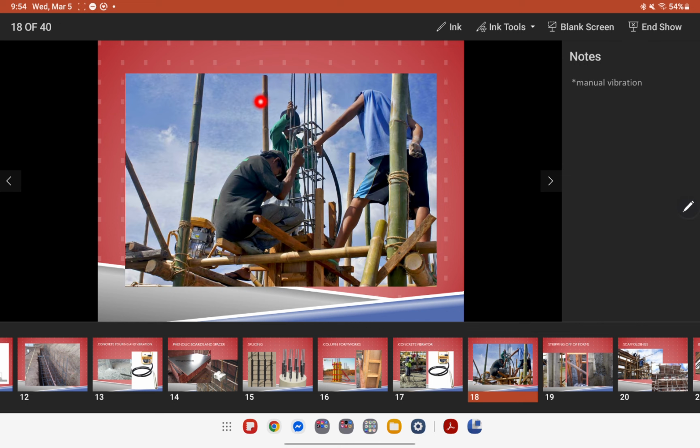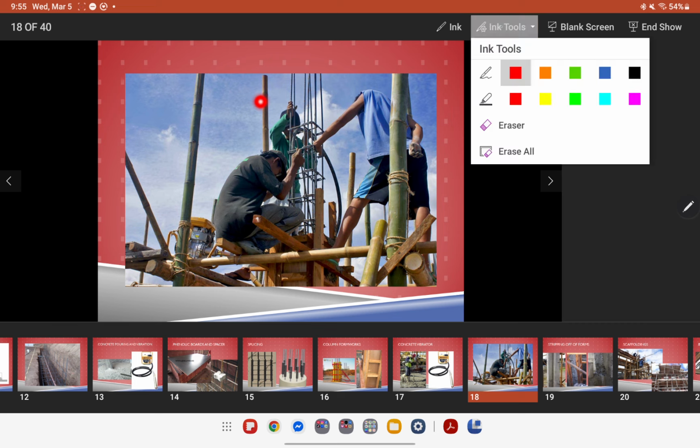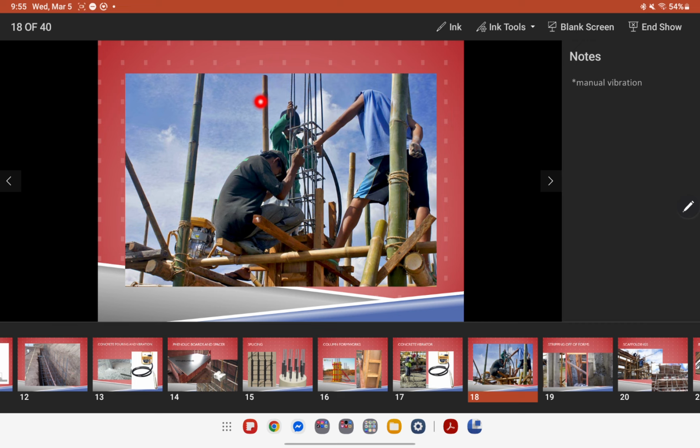But for small scale construction, this guy is using just a regular rebar to tamper onto the column, because for small scale construction you actually do not make use of expensive equipment such as a vibrator, so you can do tampering on it.